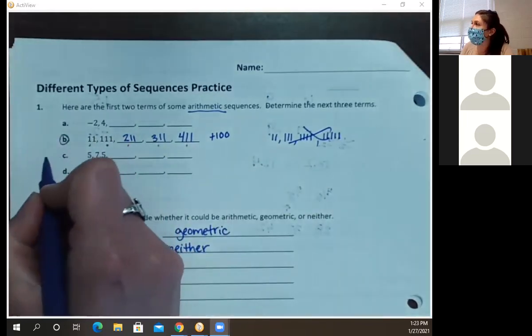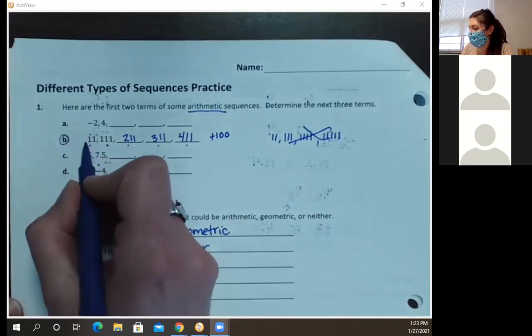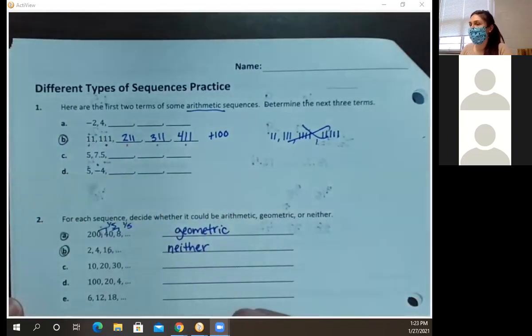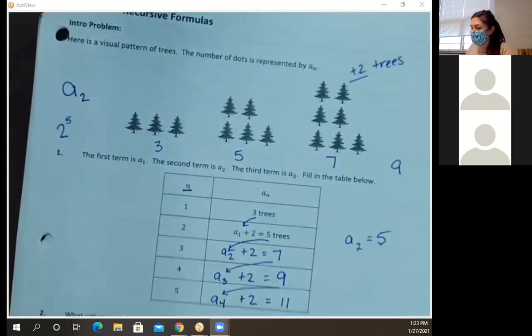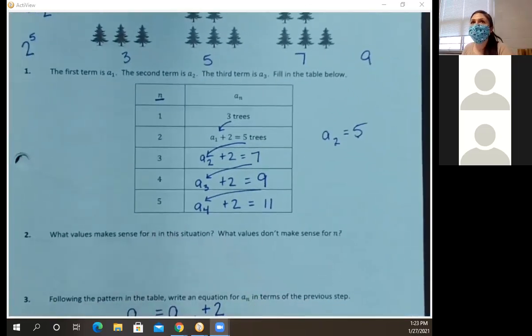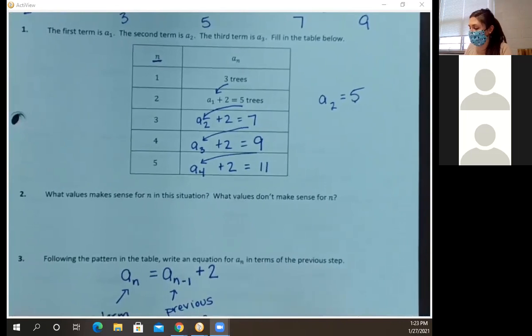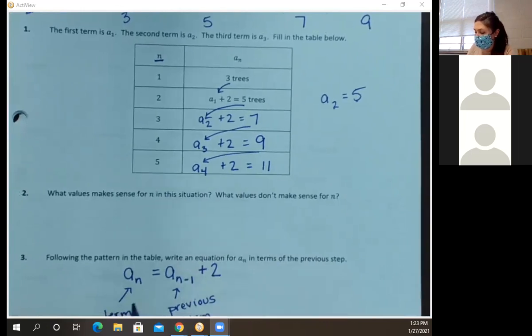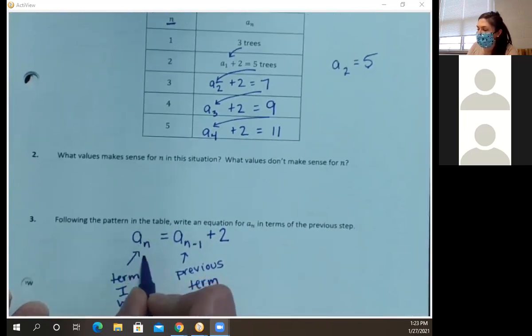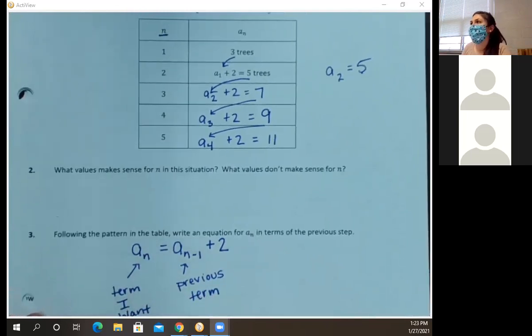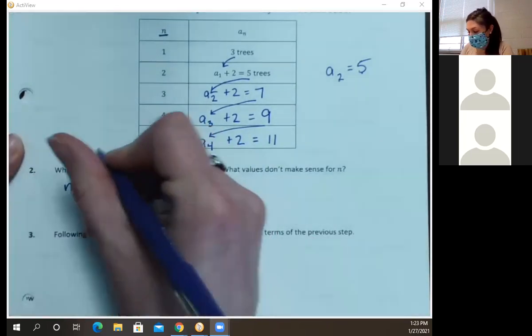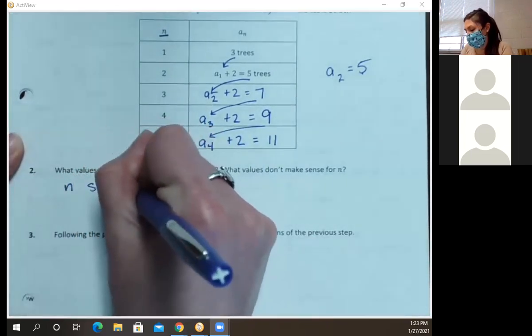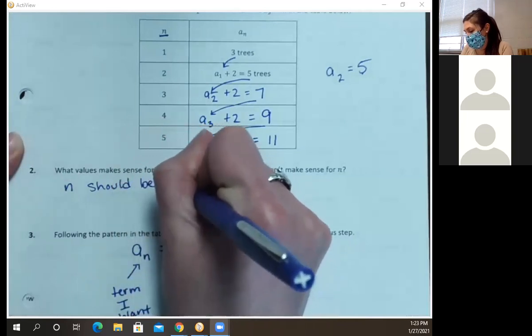Do I have a -7th term? No, I have a term that I start with and we continue. So when we think about what number a term can be, what this n stands for, what values make sense and what values don't? What kind of numbers could I see here? Whole numbers? N should be whole numbers.